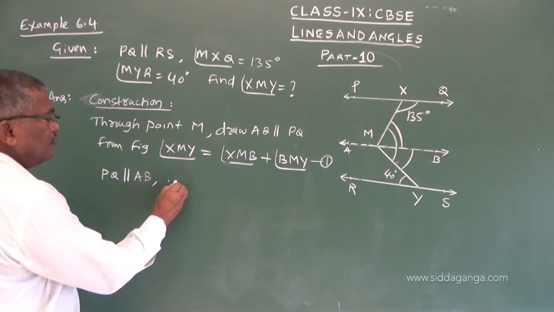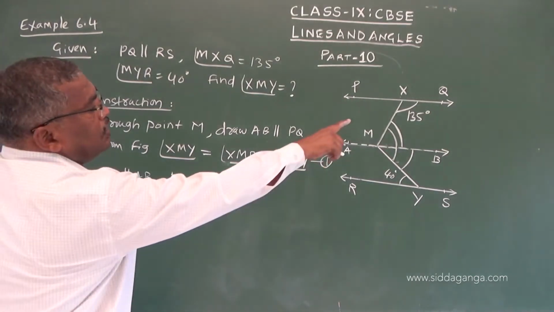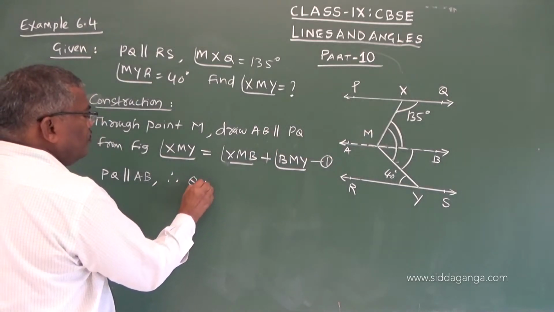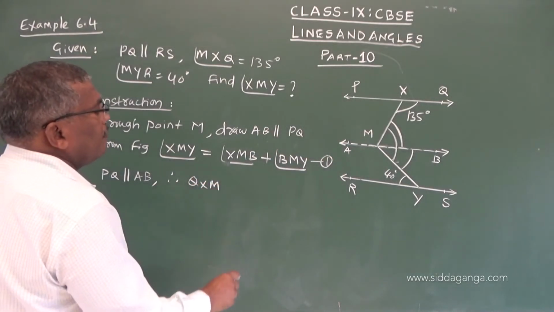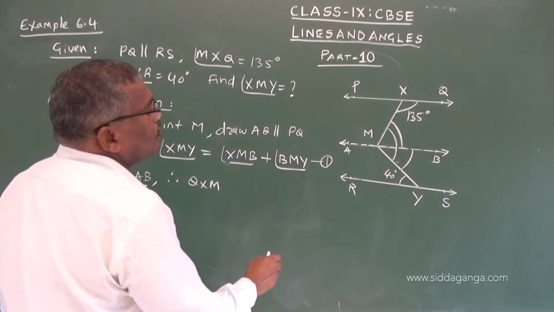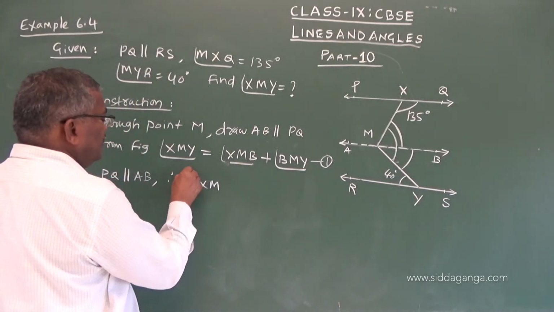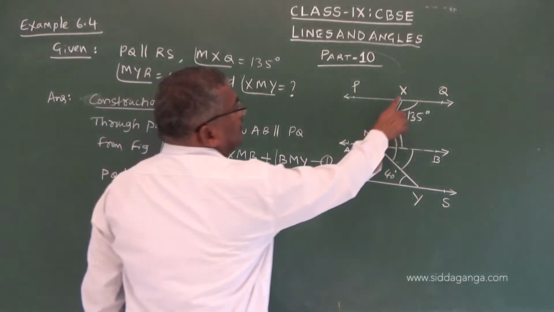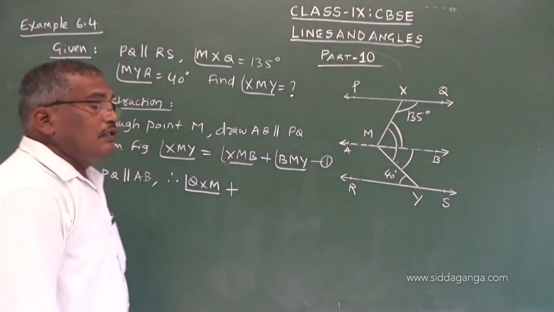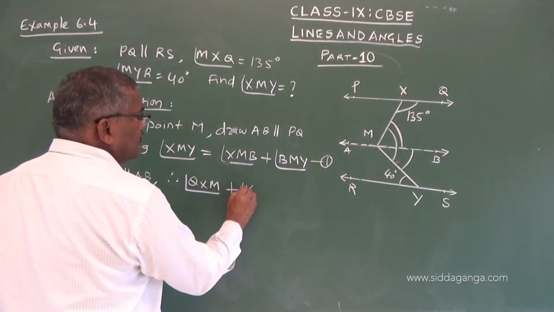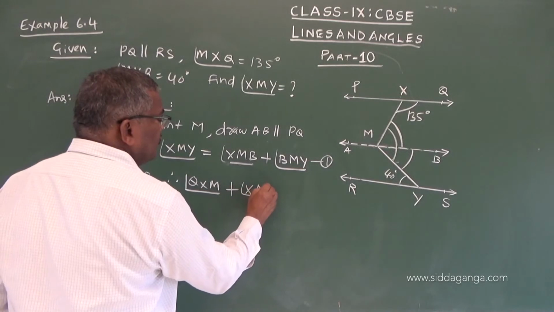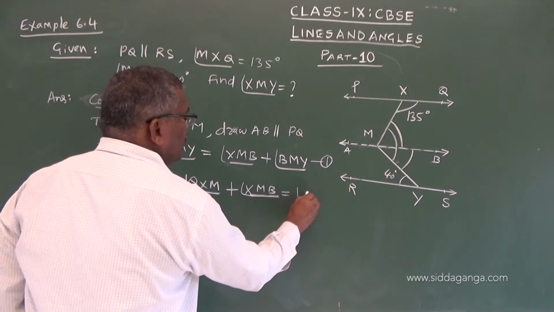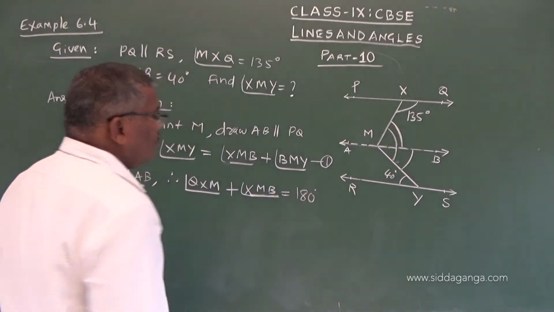Therefore QXM plus XMB is equal to 180 degrees. Why is this?